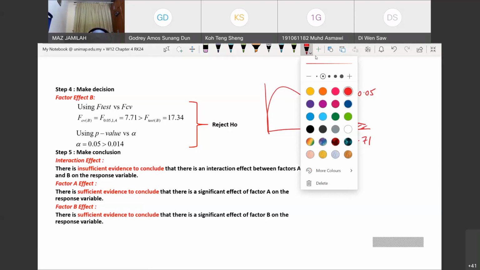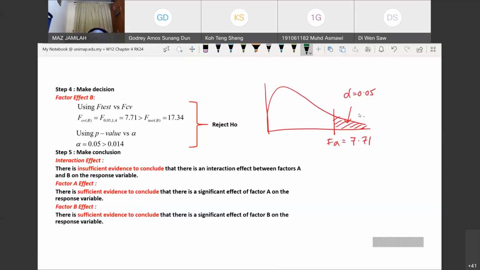So let's say this is where your 17 is, so this is your F test, which falls in the rejection region, and the p-value is given by 0.014. For factor B, we can definitely see that it falls in the rejection region, so we reject the null hypothesis. So how do we make the conclusion then?